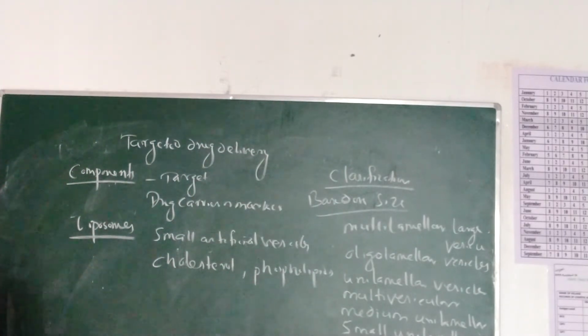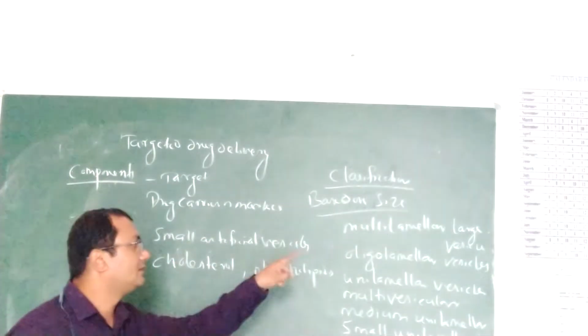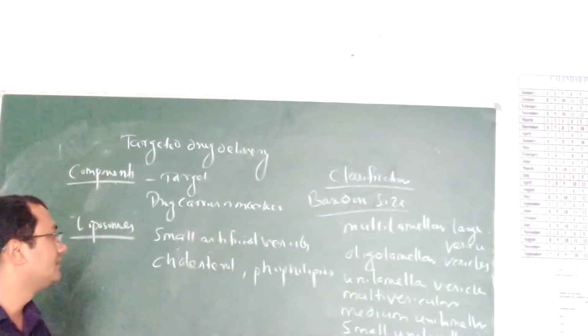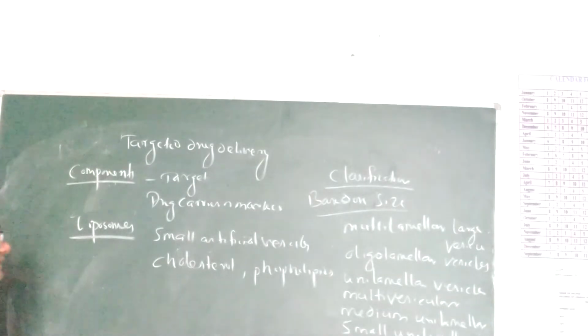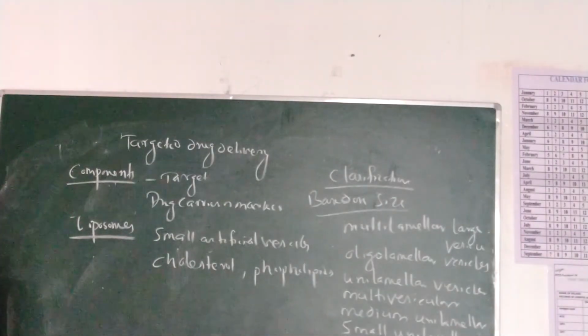In the classification, generally these are classified as per two parameters: one is size, and the other is method of preparation. As per size, there are multilamellar or large vesicles, oligolamellar vesicles, unilamellar, multivesicular, medium unilamellar, small unilamellar, and large unilamellar.